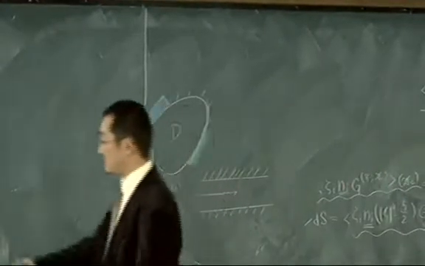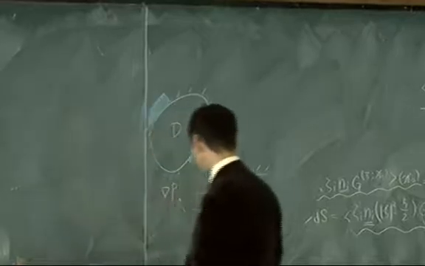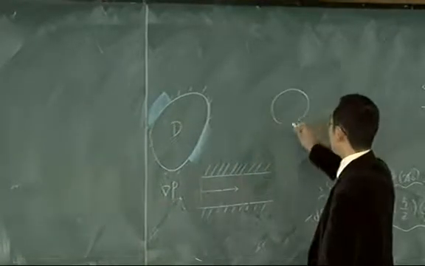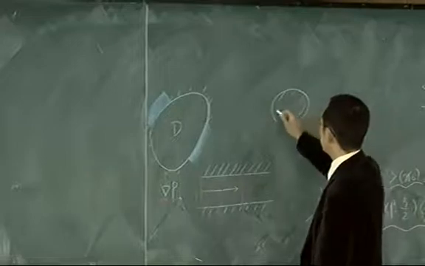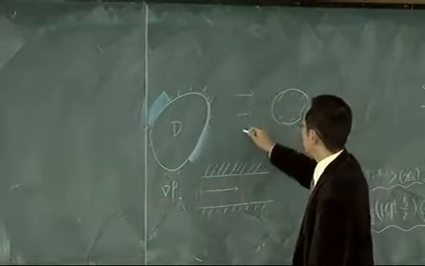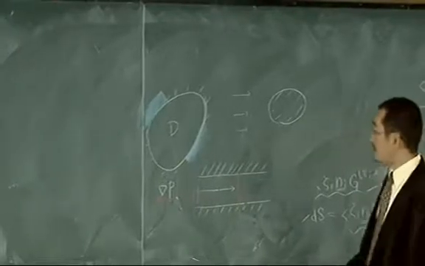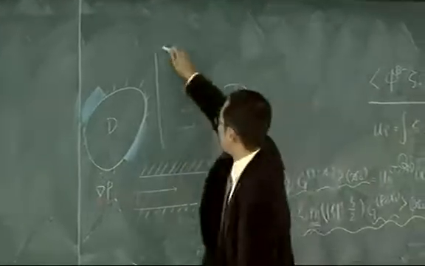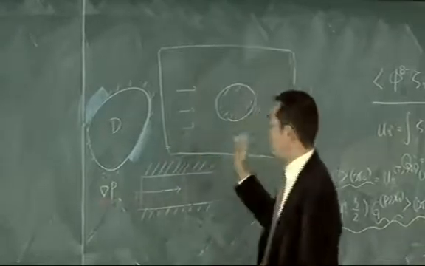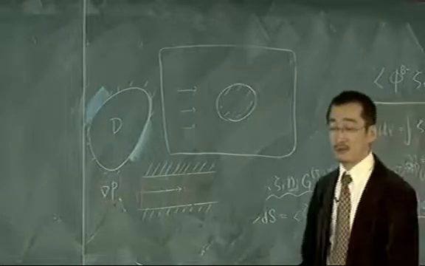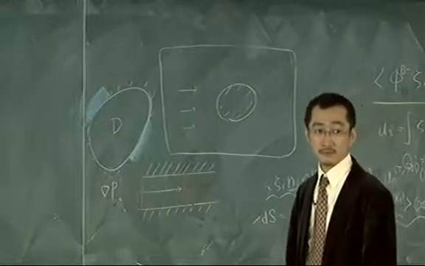The second case is, of course, say I want to consider some flow past a body. I want to discuss the reciprocity of this type of situation. I need a theory for unbounded domain.